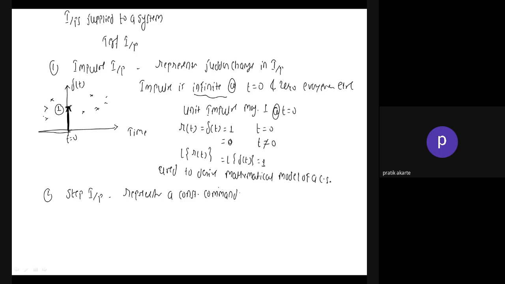If this input is given to an elevator, that is a step input. Another example: if we set the temperature of an air conditioner, that is what we call a step input.